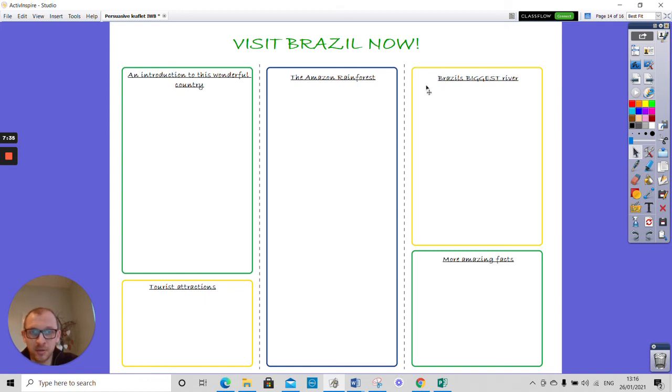And then again, on the right-hand side, you have a yellow section and a green section. Okay? So when you've done that, these tell you the sections I would like in your leaflet. So you've got an introduction to this wonderful country, tourist attractions, the Amazon rainforest, Brazil's biggest river, and more amazing facts. And you're going to use the information in this PowerPoint to help you.